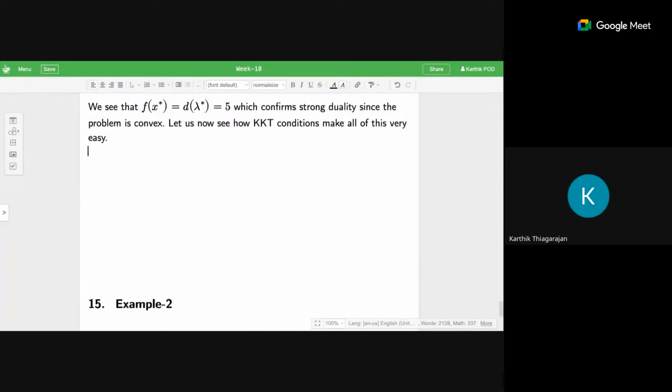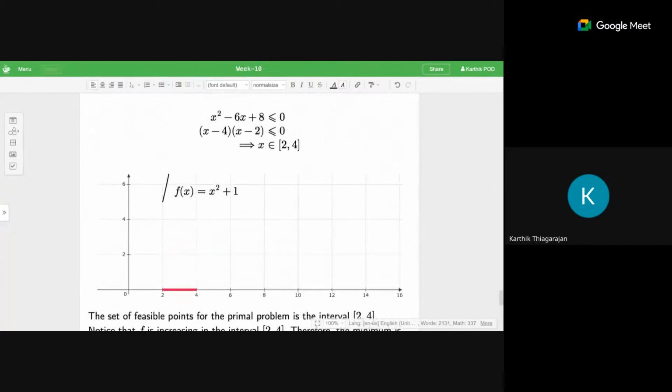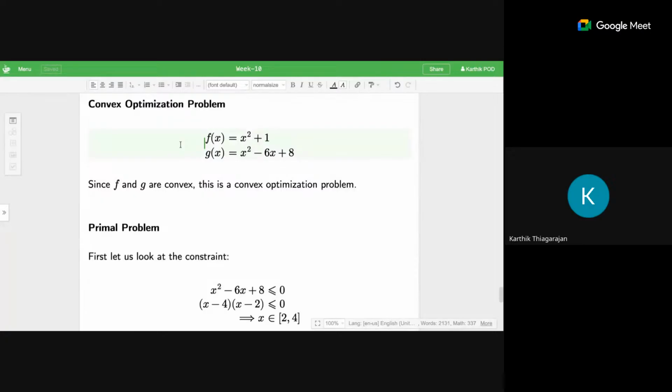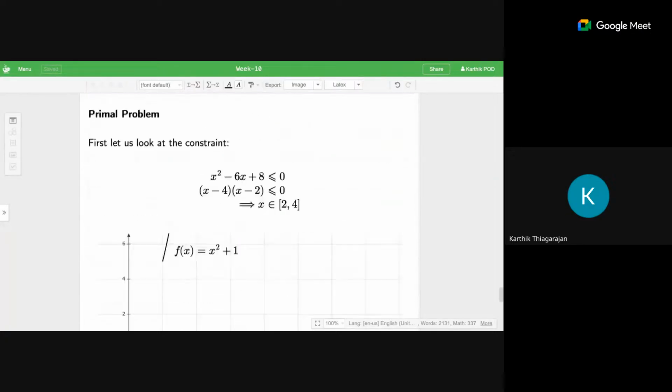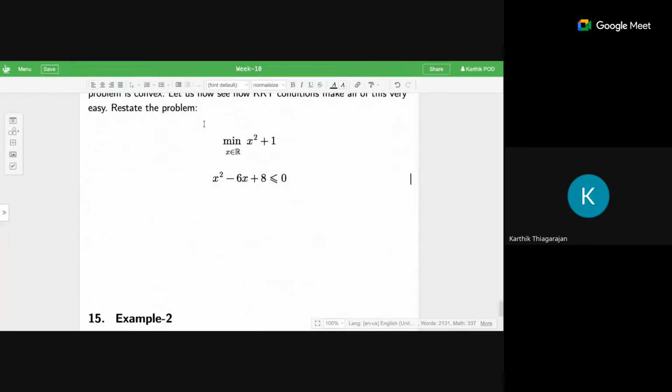Now I'll restate the problem, otherwise I'll have to keep going back there. So this is the problem. We are going to apply KKT conditions one at a time. The first condition is stationarity of the Lagrangian, right? So let's define the Lagrangian first.